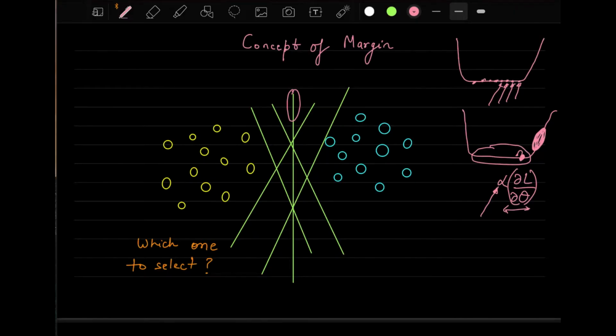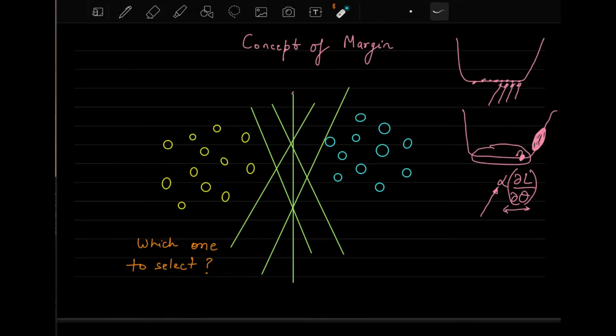So this hyperplane that you have here, you are setting up in your mind that this is the best hyperplane because you are creating a distance from this line to the point which is very close to the line, the point which is closest in this data set.